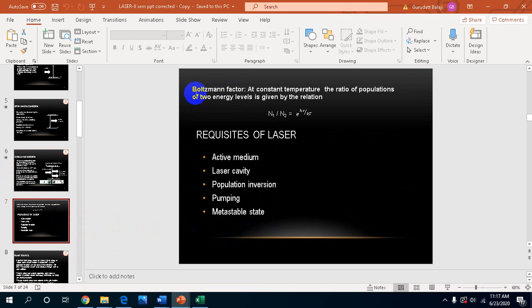We have now understood the three processes, and now let us try to understand the relation between the populations of the two energy levels, which is given by the Boltzmann factor.